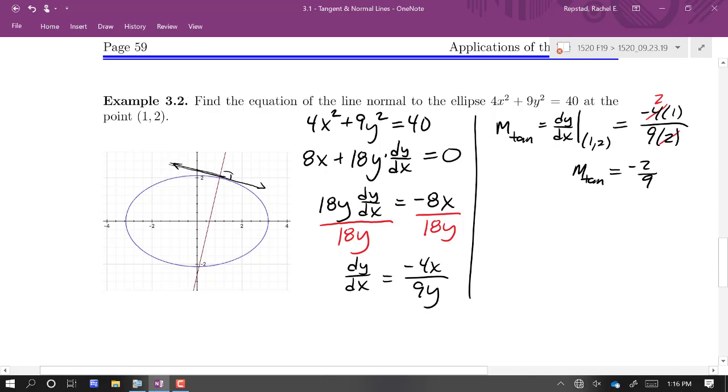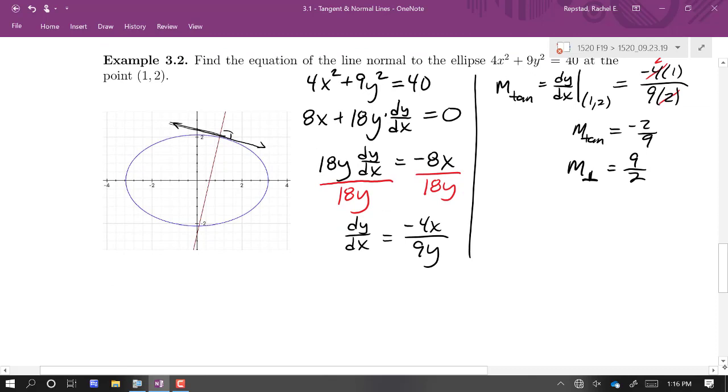Here's a little bit of new notation. We write m tan for the tangent slope. For the normal slope, I usually write m with a little subscript, like an upside down t. It's a symbol that means perpendicular in geometry. So that normal slope is +9/2, opposite and reciprocal. So we found the slope.